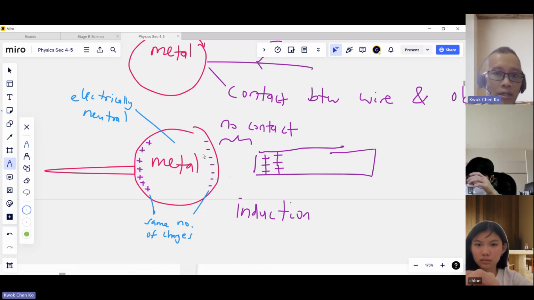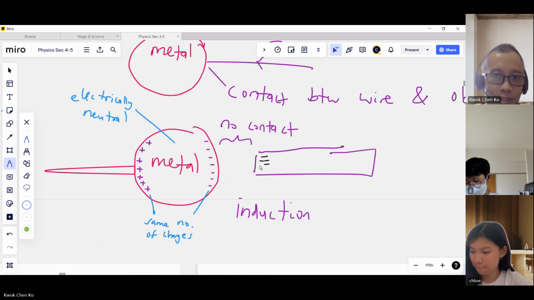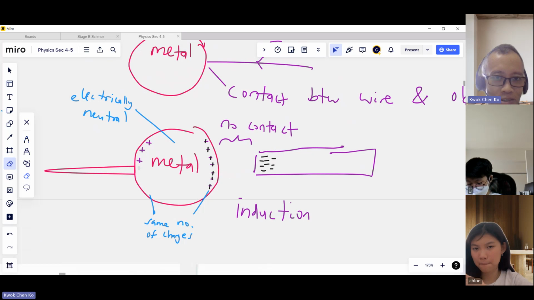Well, of course, guys, I hope you realize if I change this object to, let's say, negative, there's no contact as always. If this is negative, then this side will be charged positive, and the other side, of course, becomes opposite, which is negative.